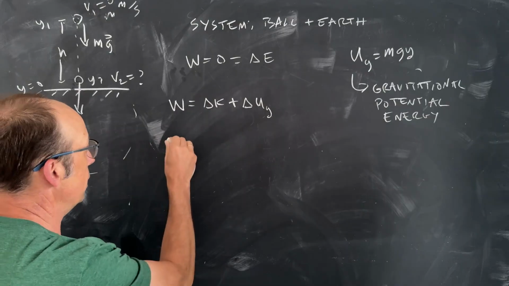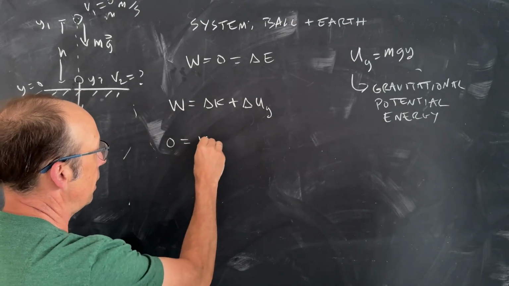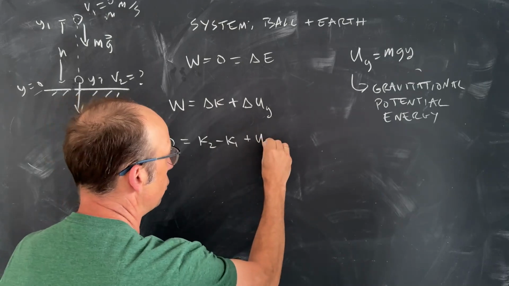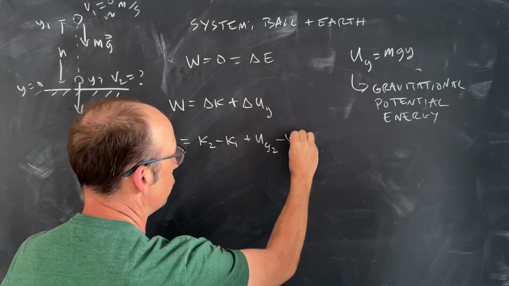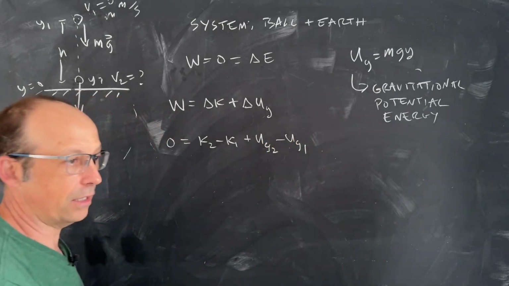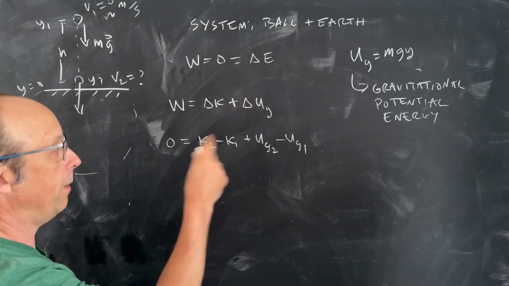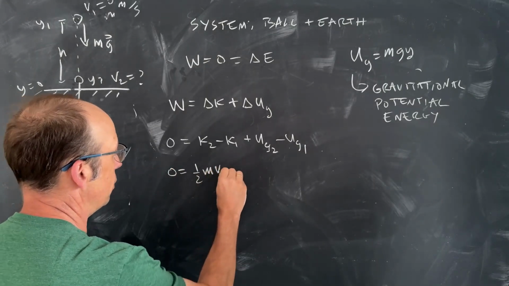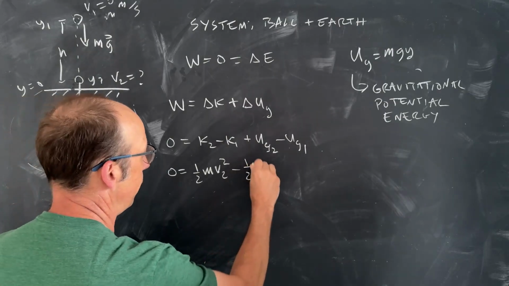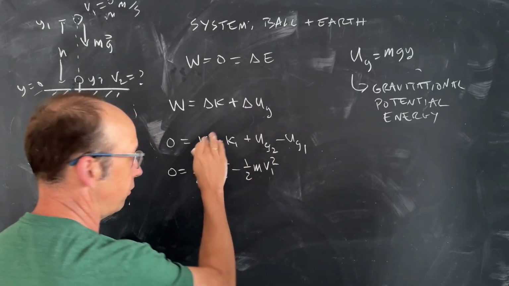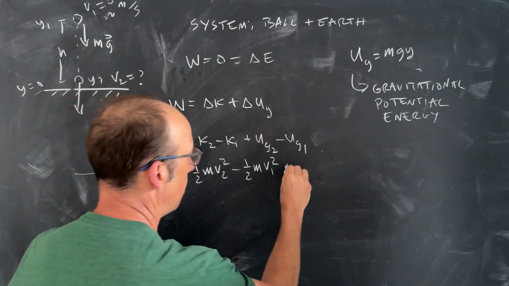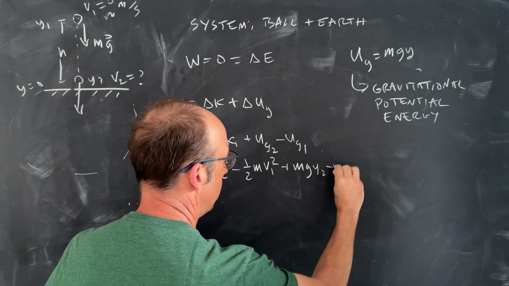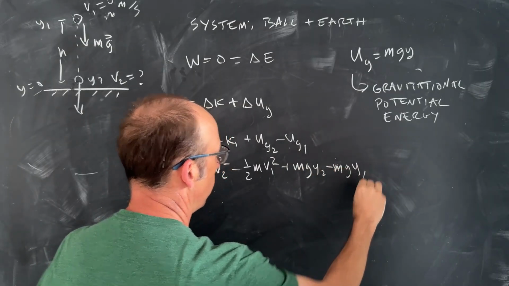So I said the work is 0. That's going to be K2 minus K1, change in kinetic energy, plus UG2 minus UG1, the change in gravitational potential energy. Now I'm going to put in my expressions for those. I have 0 equals 1/2 m v2 squared minus 1/2 m v1 squared, that's just my change in kinetic energy, plus mgy2 minus mgy1.